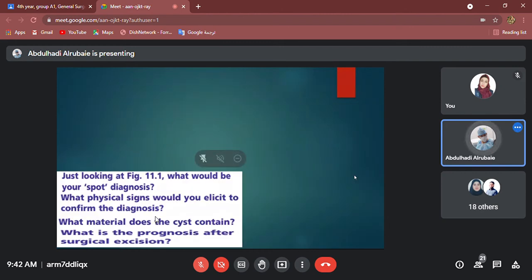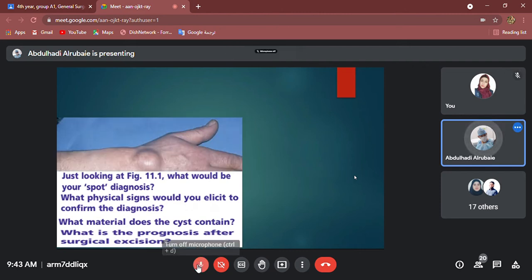Of course, sometimes in the exam you get questions that say spot diagnosis. What is spot diagnosis? Once you see the lesion without examination, just by seeing the lesion you can give a diagnosis. Spot diagnosis, and what physical signs would you elicit to confirm the diagnosis?